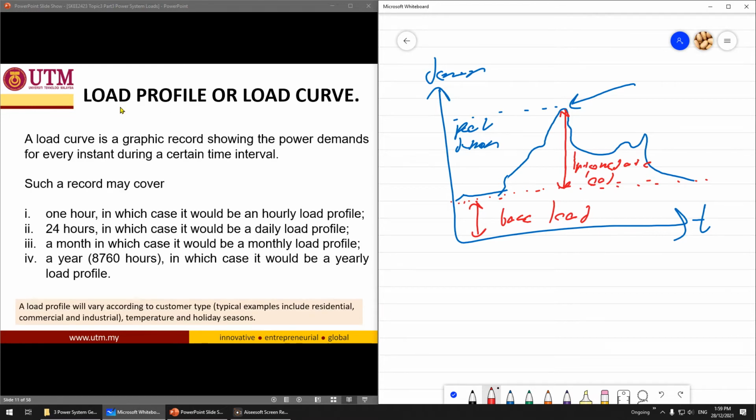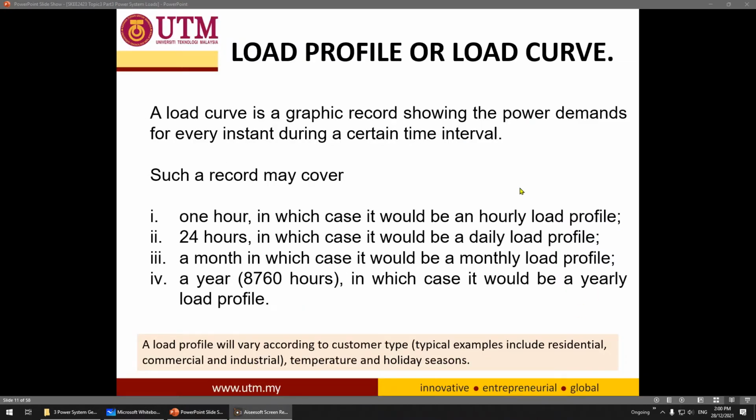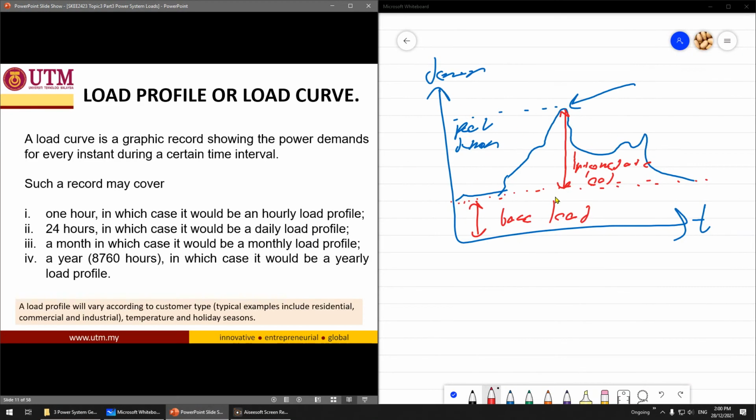So next is load profile or load curve. A load curve or load profile is actually a graphic record showing the power demand for every instant during a certain time interval. So basically this is the load profile or load curve.